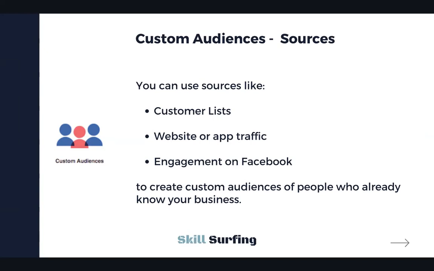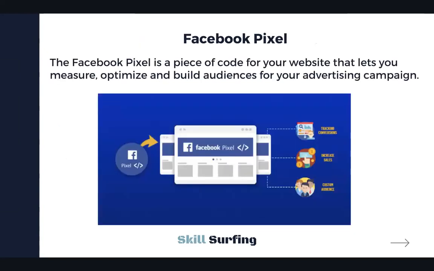So let's look at, I'll show you in a bit the different types and details. But for you to be able to do that, as I said, you need to connect Ads Manager to the Facebook pixel, to your website. So this is where you install a Facebook pixel.